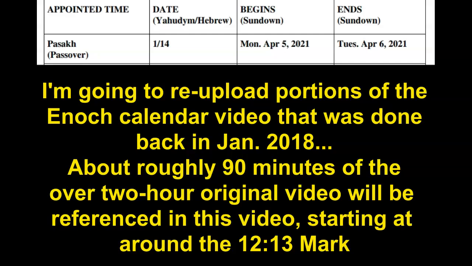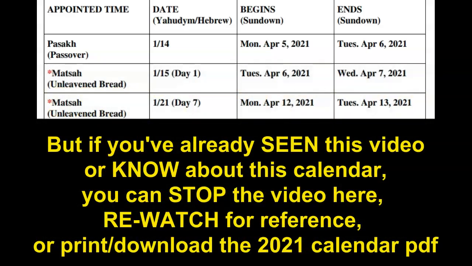Now, the part that we're going to copy and paste is about 90 minutes long. It's about an hour and 30 minutes long. Again, if you are already familiar with the Enoch calendar, or if you've already done your extensive studies on this, or if you've already seen our Enoch calendar video that was done back in 2018, then you do not need to tune in unless you want to. That's definitely your prerogative.